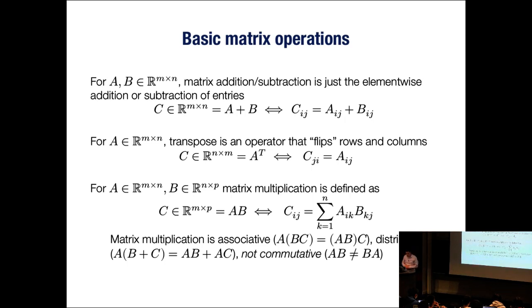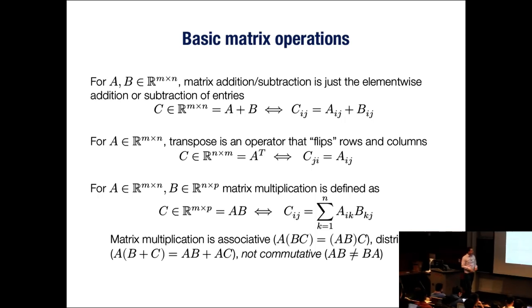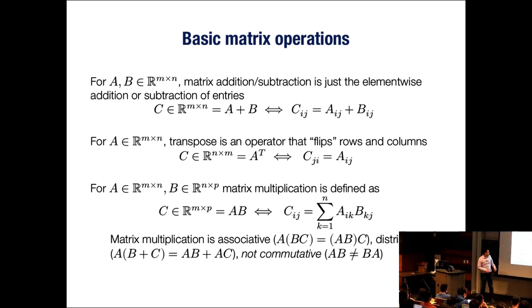The hard operation, which is not as intuitive the first time you see it, is matrix multiplication. Here we have two matrices, A and B, and they're different sizes. A is m by n, and B is n by p. The crucial part is that the number of columns in A is equal to the number of rows in B. Their product, A times B, is a new matrix C, which is m by p.